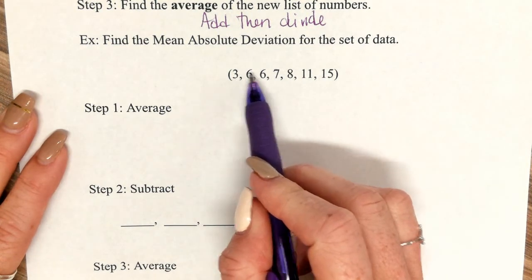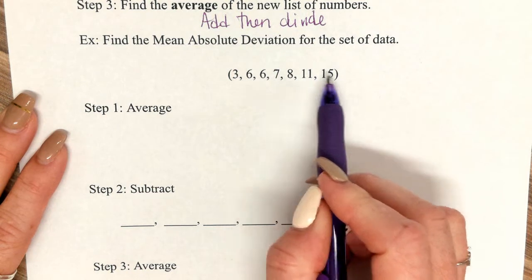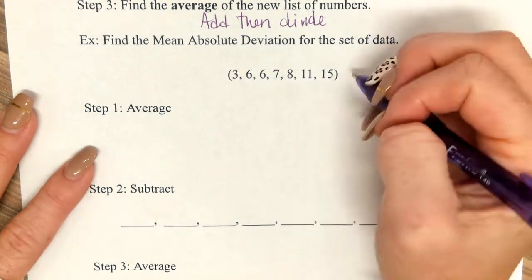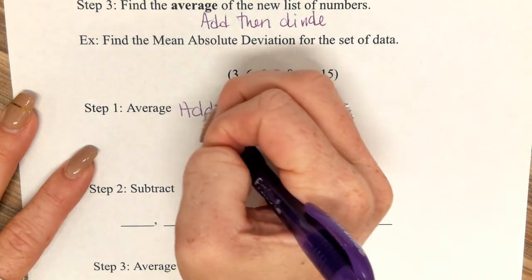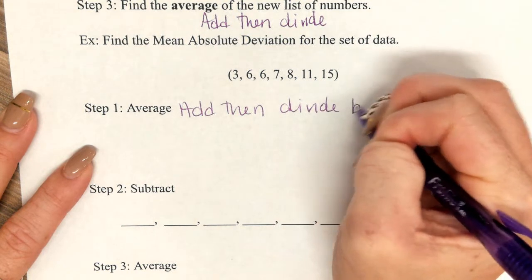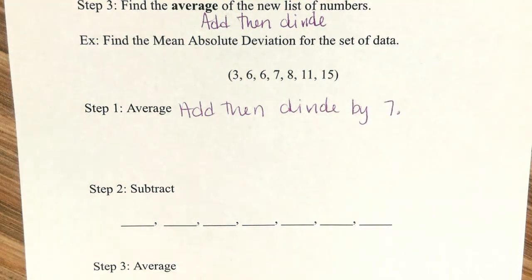So there's 1, 2, 3, 4, 5, 6, 7 numbers. Make sense? So we're going to add, then divide by 7. We're not going to divide by 7 every time. It depends on how many numbers there are.